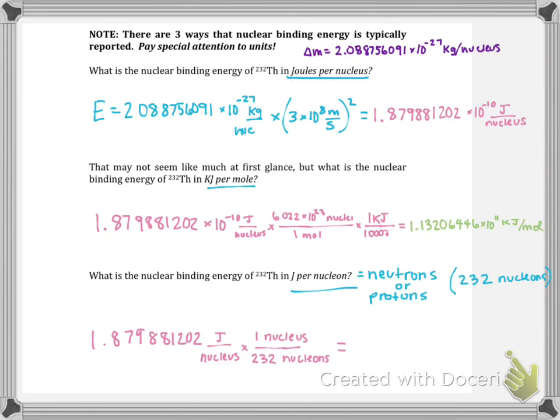So how much does each one of those nucleons contribute in terms of energy to holding this whole thing together? And we end up with an even smaller energy, which makes sense because we're taking a small energy and dividing it by the number of particles. And this is going to be in joules per nucleon.